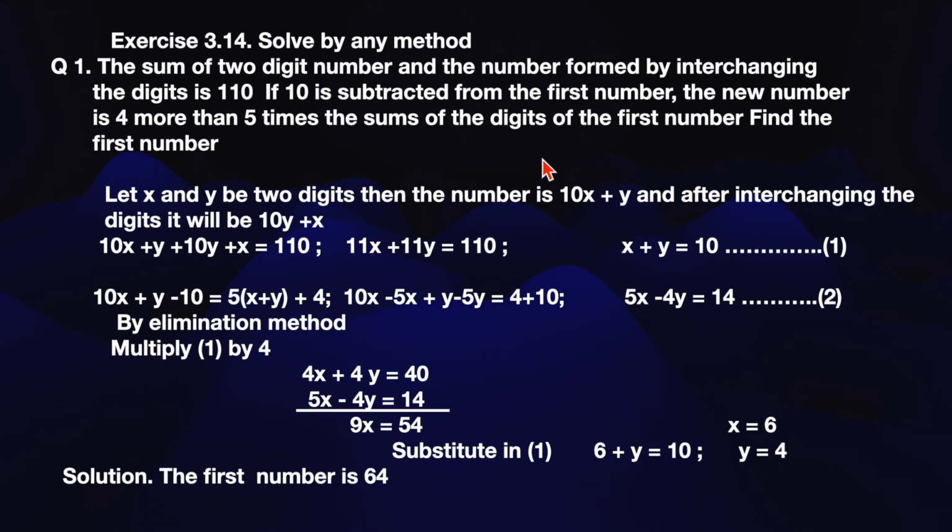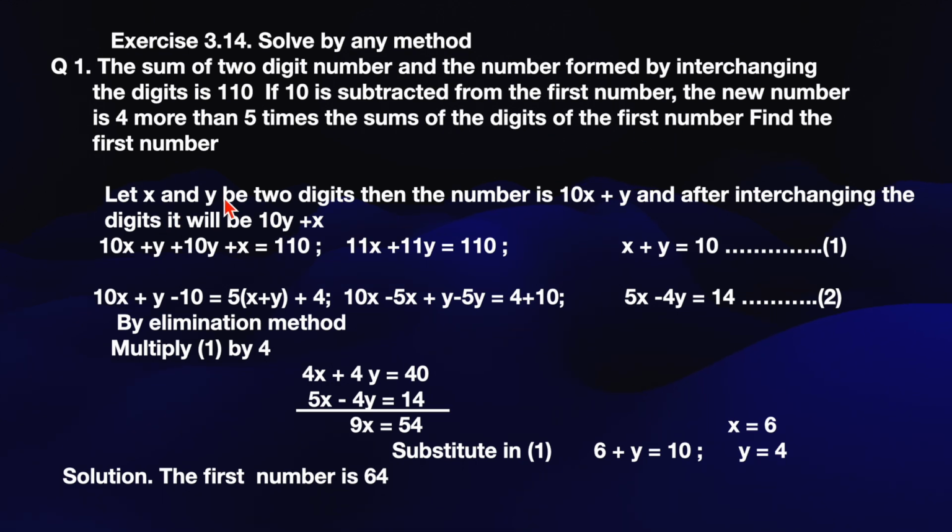Okay, now let us write the second equation. If 10 is subtracted from the first number, so here you take it LHS, this is the first number, you have subtracted 10, is equal to 4 more, that means plus 4, more than 5 times the sum of the digits of the first number.